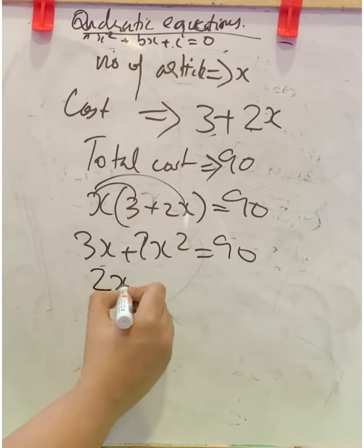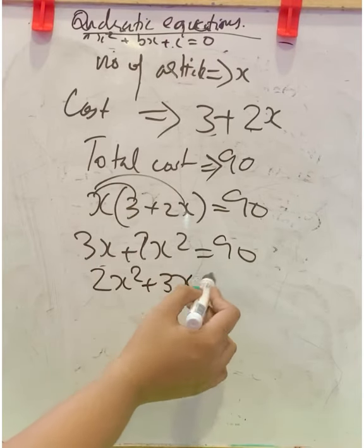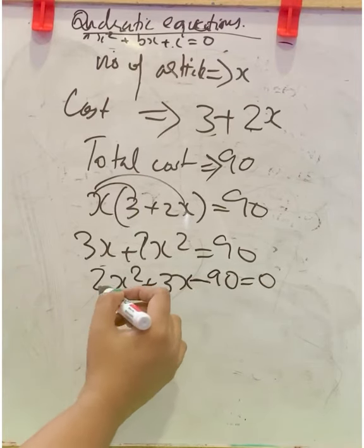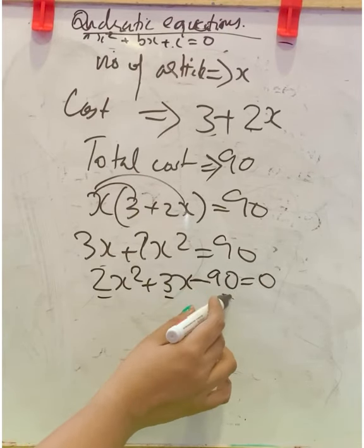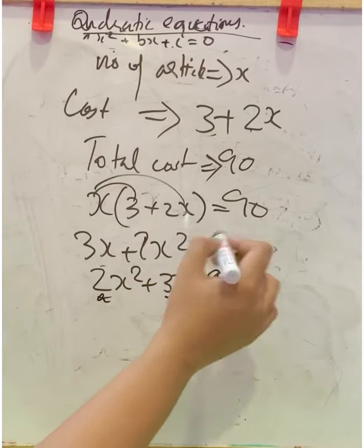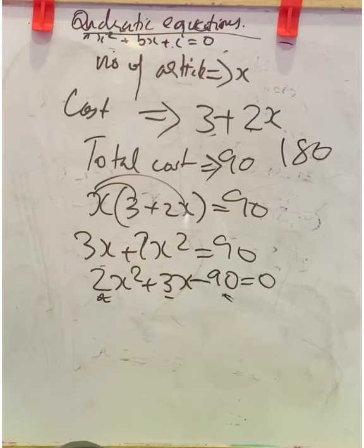This is 2x square plus 3x in general form, equal to 90, taken to LHS, minus 90 equal to 0. Here there is no common factor in the 3 terms, so let it be like this. A into C: 90 twos are 180, and you want to get 3 here. How will you get it?